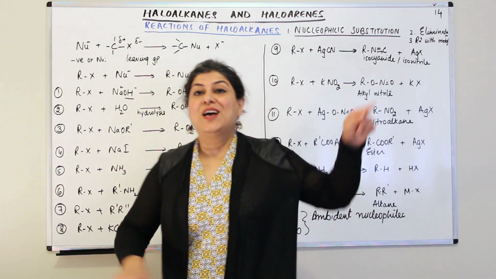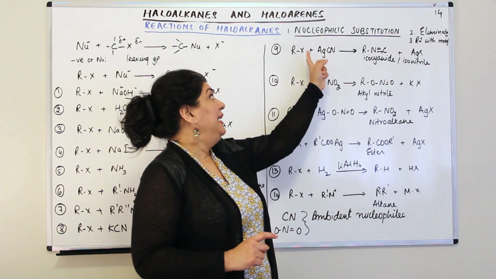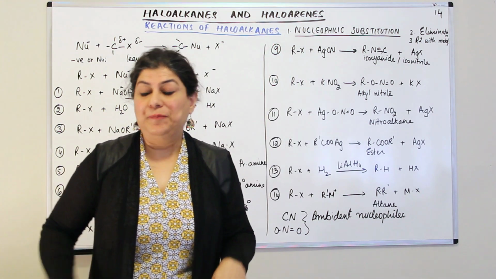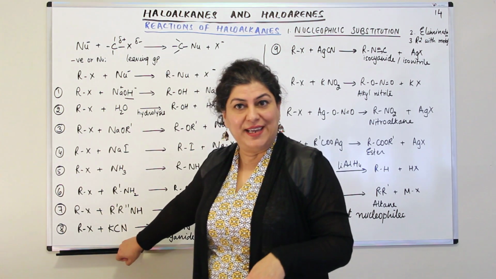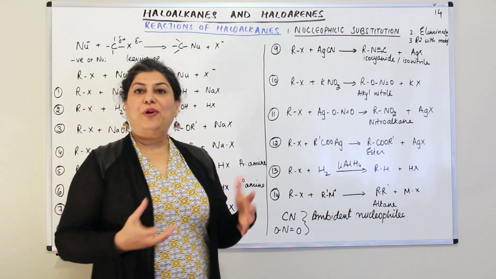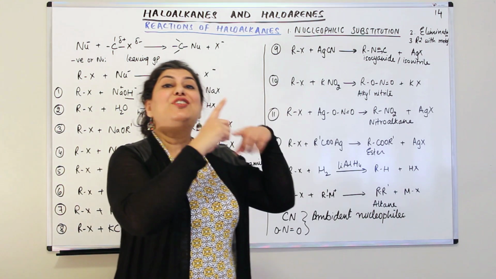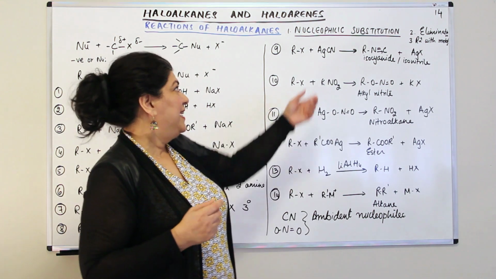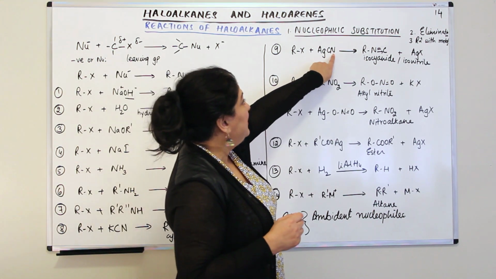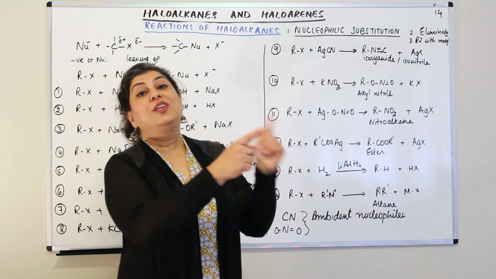When do we see this? We see this in another reaction where you have the haloalkane and it reacts with AgCN. If we do not take potassium cyanide, instead we take silver cyanide, we find that the product is not the cyanide, the product is isocyanide. What is isocyanide? Isocyanide means it is the nitrogen which attaches itself to the carbon and not the carbon.